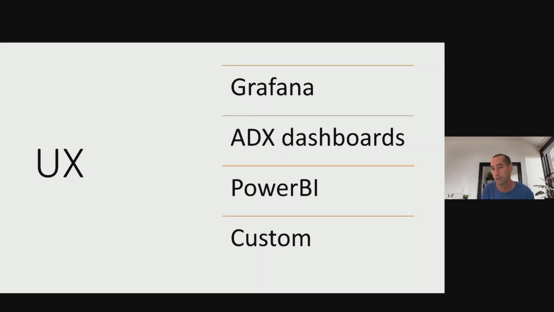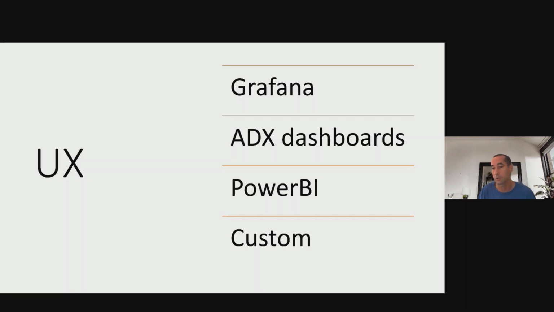ADX Dashboards is another dashboarding tool that we have. You can use all these features, like I said, read consistency, query results cache, and things like that, from the ADX dashboard, but we don't have that as a global setting yet. Power BI is another tool that people are using for showing users the different visualizations.